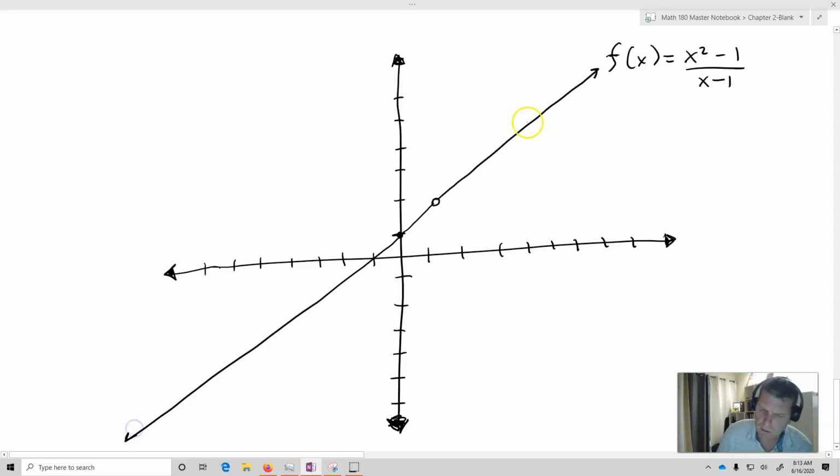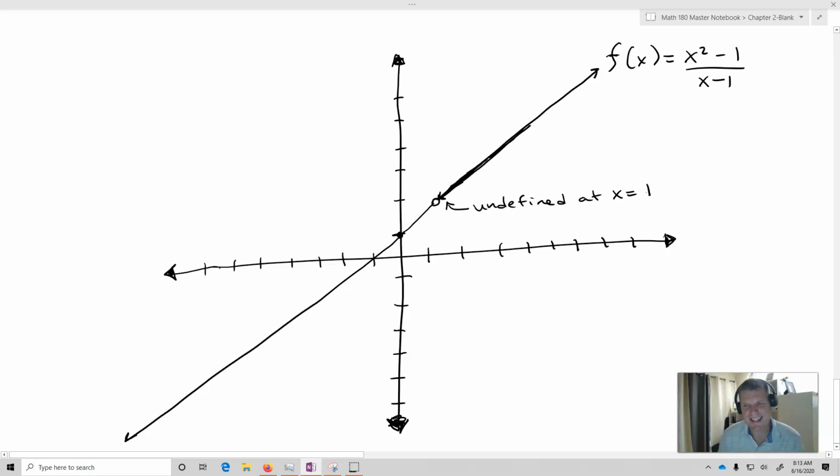But if you run the cursor over the line, what you'll get is that it's undefined at x equals 1. All right? So that's our problem point.